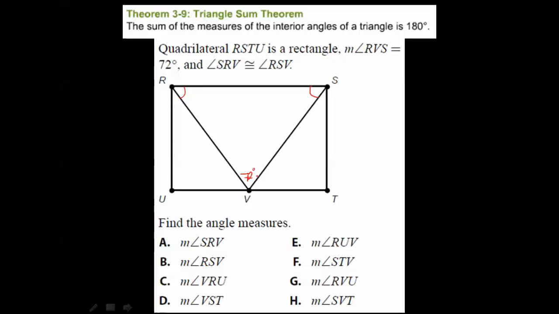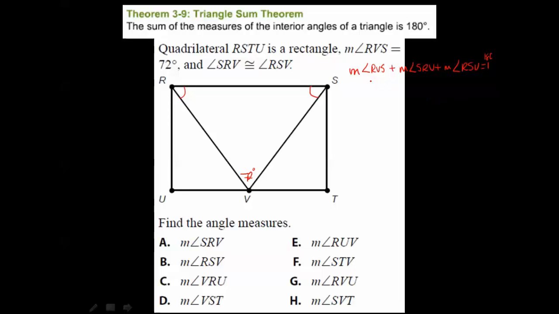Well, I'm just going to start from what I know right here. All these angles measure up to 180. So you could say that the measure of RVS plus the measure of SRV plus the measure of RSV, I just ran out of room, equals 180.